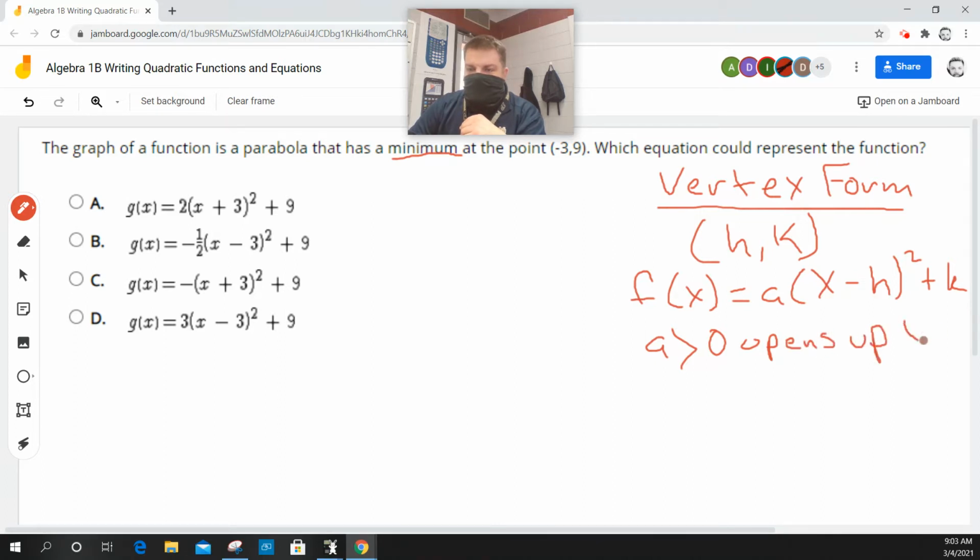And when I graph it, it looks like a U. If A is less than 0, and I guess we should probably label that, well, hold on. It opens down. What kind of S is that?